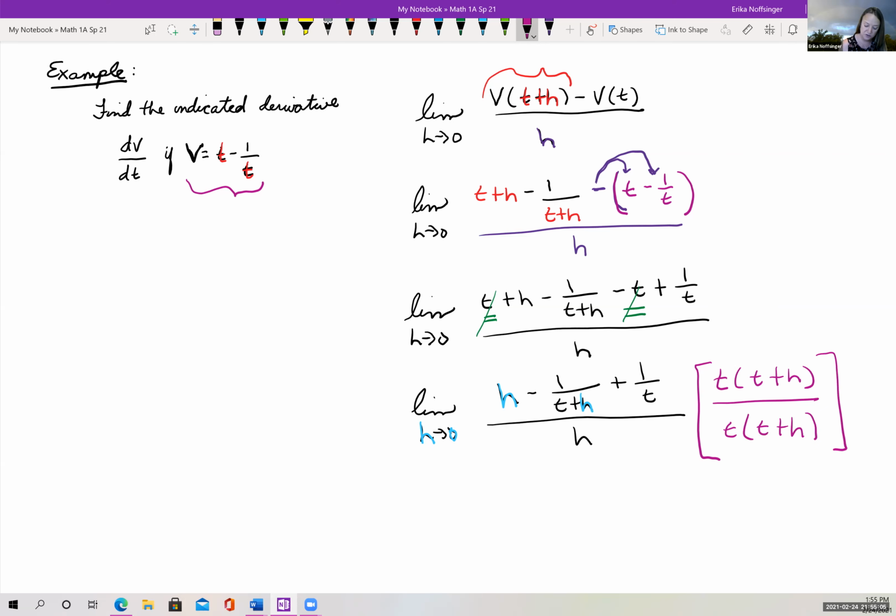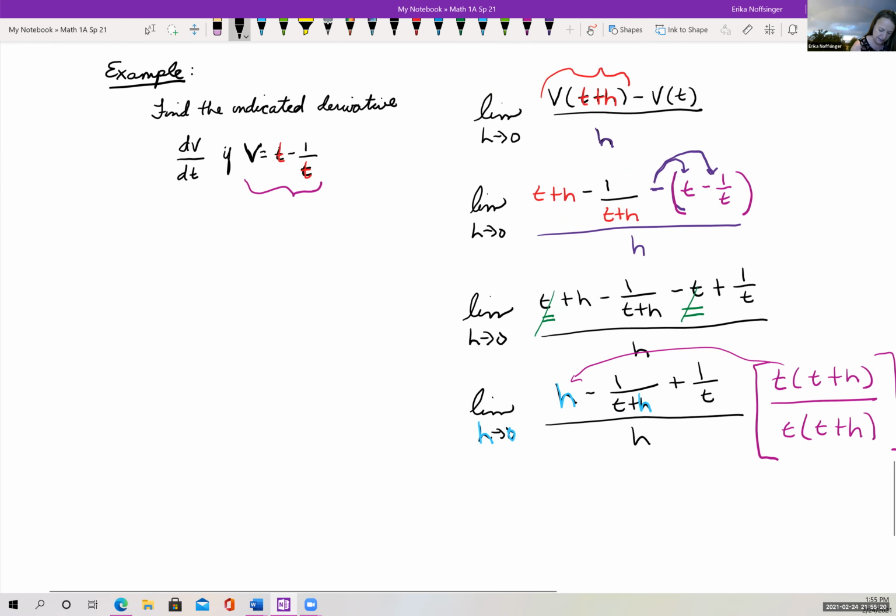So we have to distribute this t times the quantity t plus h to each piece in the numerator. When we distribute it to this h, there's nothing in the denominator, so nothing's going to cancel. Let's just rewrite it as that product.